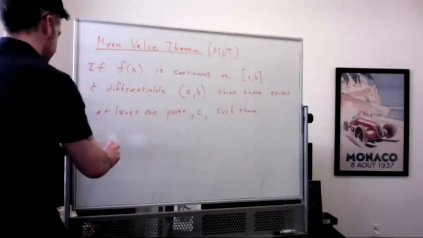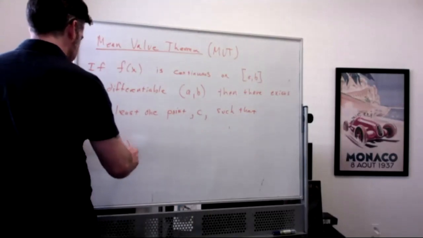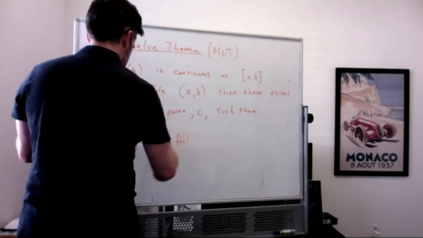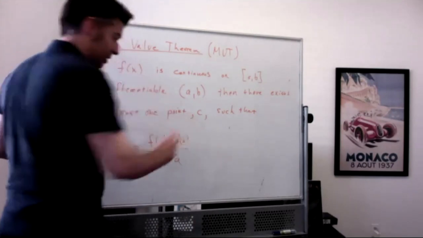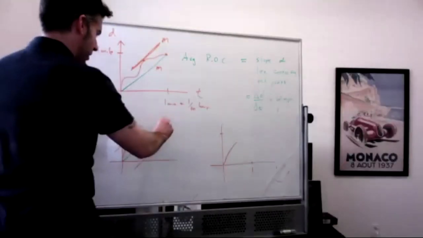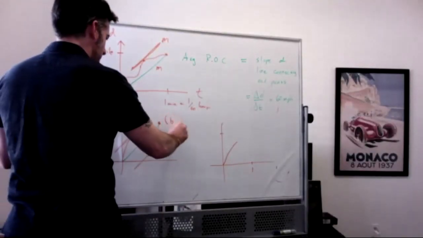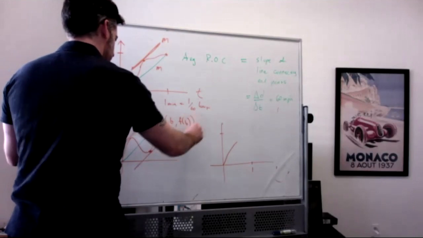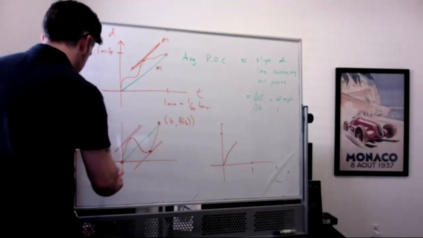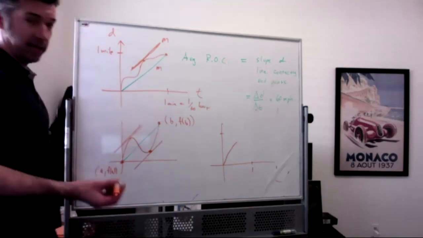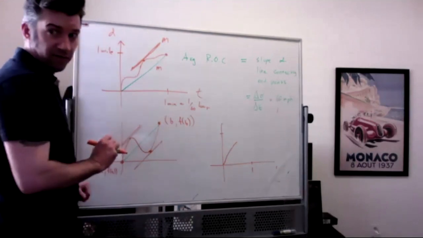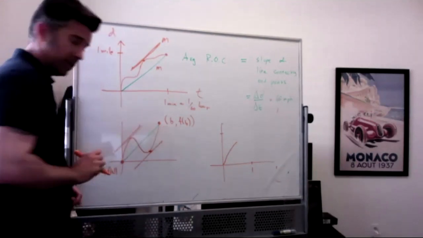If this point here is (b, f(b)), and this point here is (a, f(a)), then the slope of the green line is the difference in the y's, f(b) minus f(a), over the difference in the x's, b minus a.